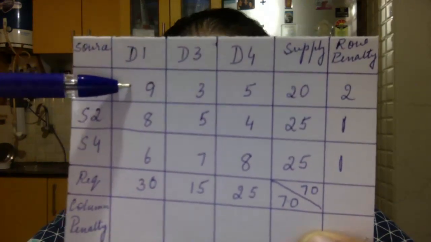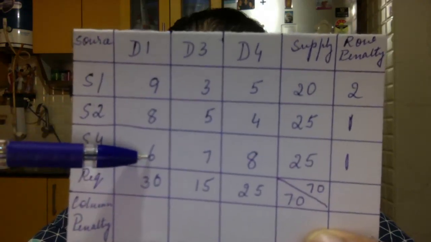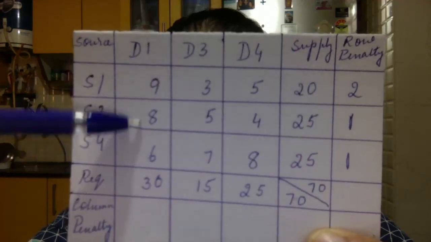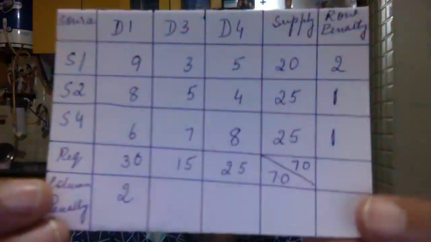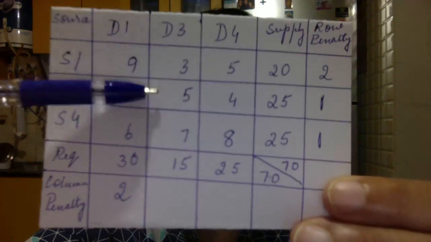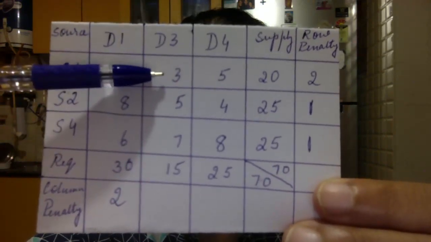Next we will look at the column penalties. We have 9, 8 and 6. Least is 6. The next least is 8. So 8 minus 6, our column penalty will be 2. Next, we have 3, 5 and 7. 3 is the least.